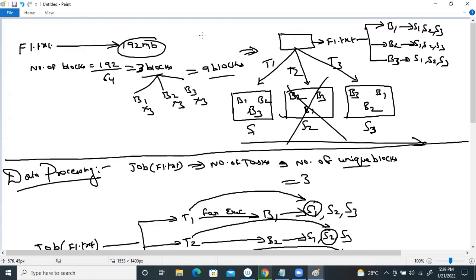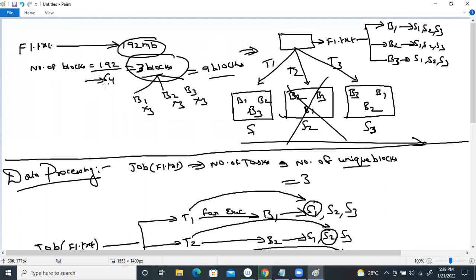Okay, sir, one question. Two days back you told that number of blocks is divided by 128, in the latest version of Hadoop. Here you are telling 64. Assume that the default block size is 64; if 128, the blocks will change.